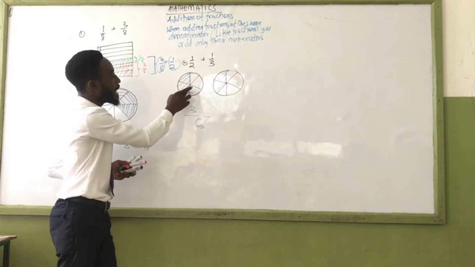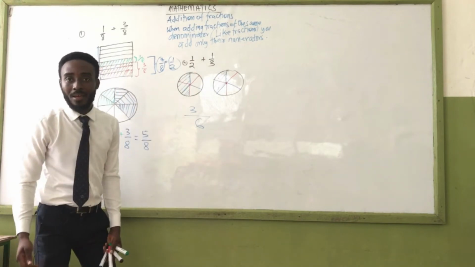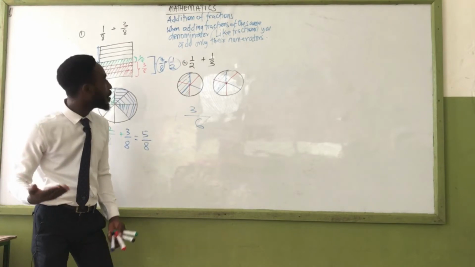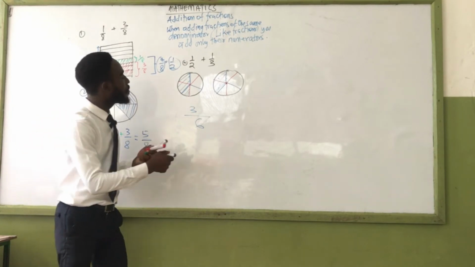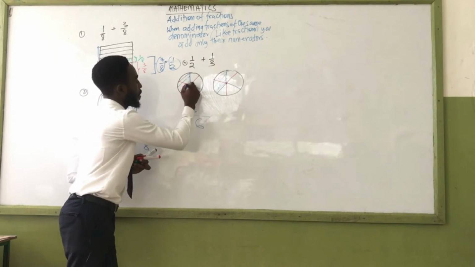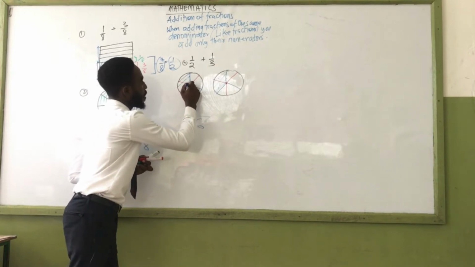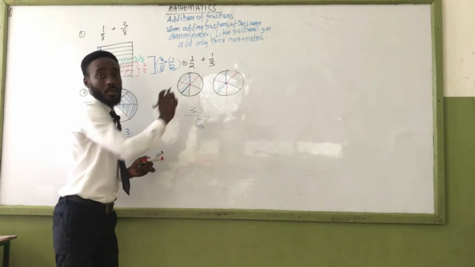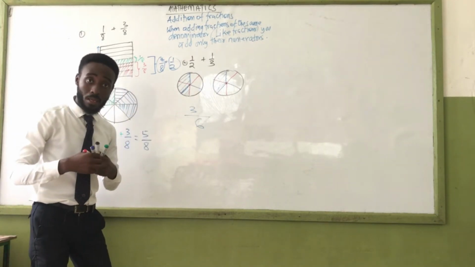No, it's not 4. This is 1, 2, 3. Oh, okay. So this is 1. So 1, 2, 3. Are you okay now? Yeah. All right.